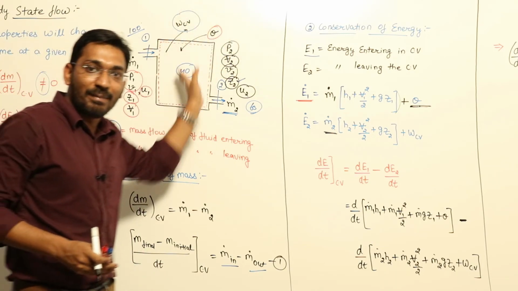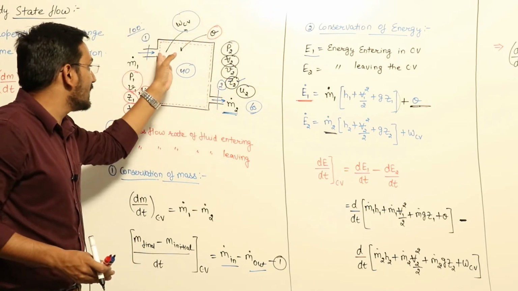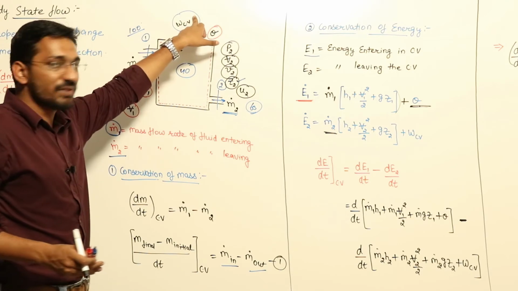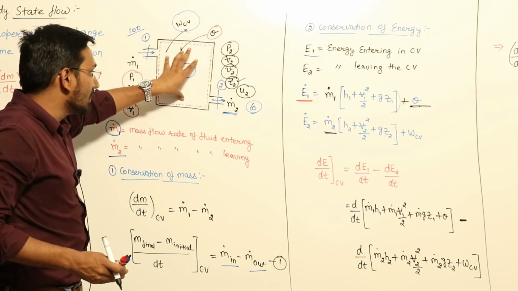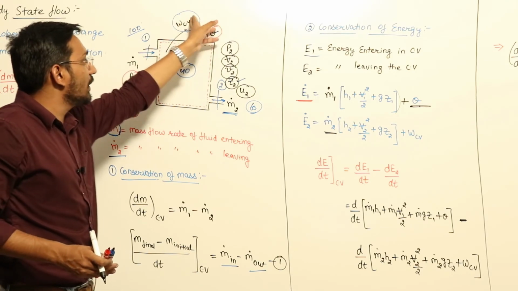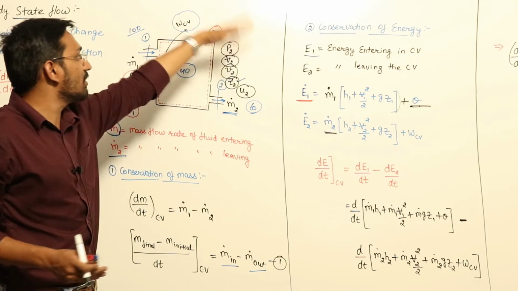Work is done by the system, so some energy is transferring in the form of this work. From the system, some amount of work is going out, so it will take some of the energy.